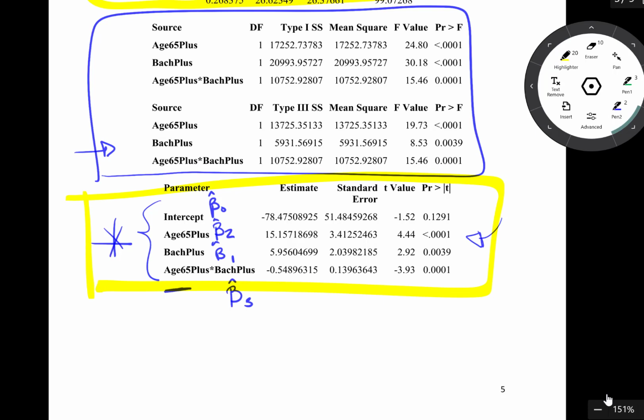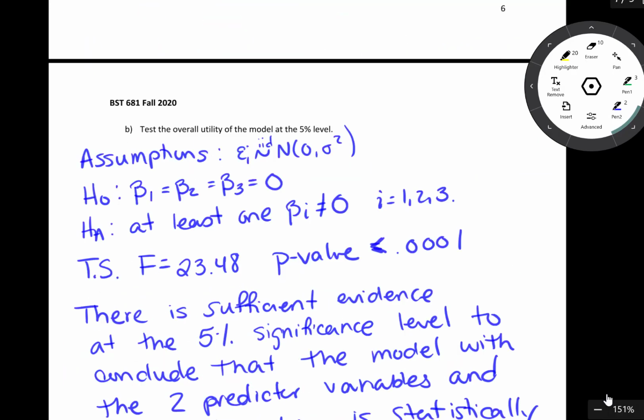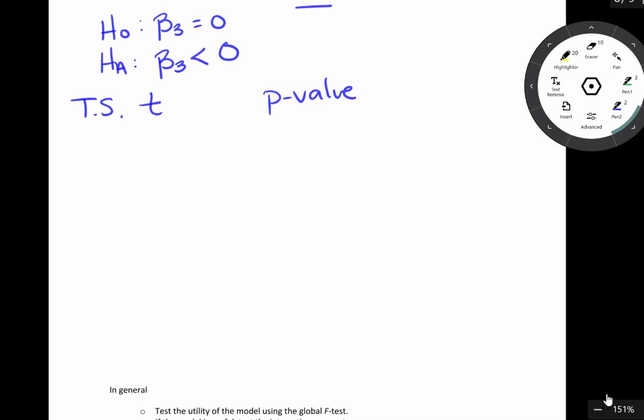If you look here, we have our interaction term, and you'll notice we have our t-value and our p-value. Going back to our hypothesis test, our test statistic was equal to negative 3.93, and we had a p-value that was very small.